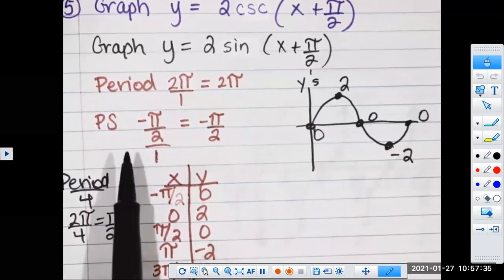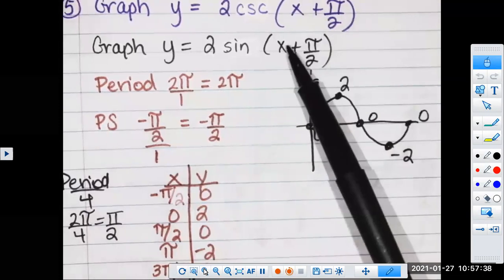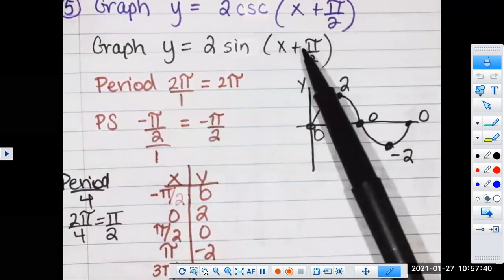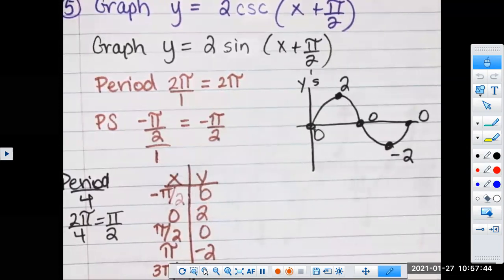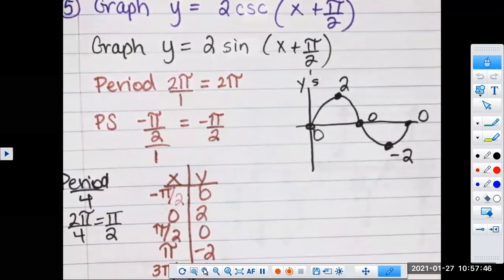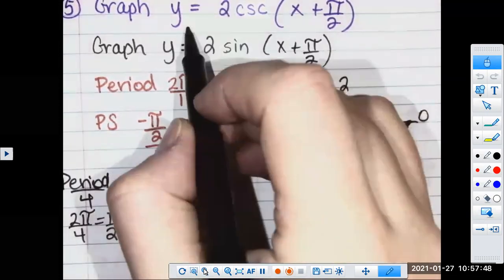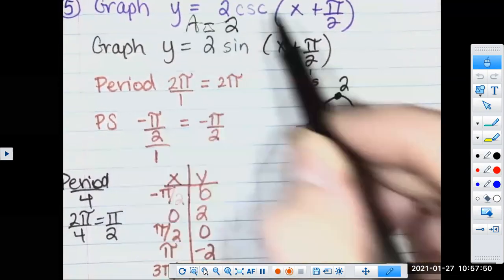This graph has a phase shift. You do have a C value. It's always the opposite divided by b. So I have a phase shift of -pi/2. Amplitude is 2.